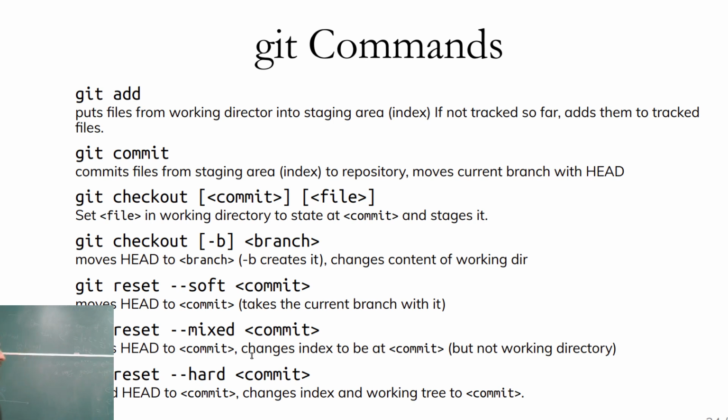The way to fix this is either to do git reset and go somewhere where there is a name, or you can do git checkout -b and give the place where you currently are a name. So git checkout -b just says, give the thing where I am now a branch name, and also move head to this branch.